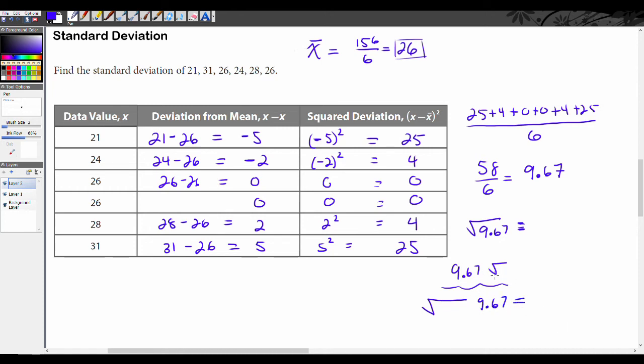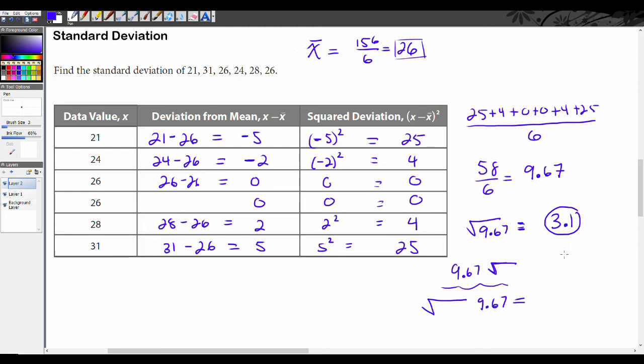One of those two methods should give you the square root. When I get the square root of 9.67, it gives me an irrational number. When I round it to the nearest tenth, we get 3.1. So the standard deviation for this set of data is 3.1.